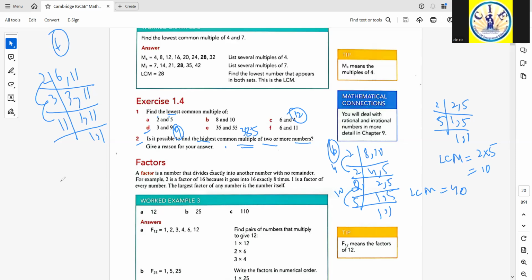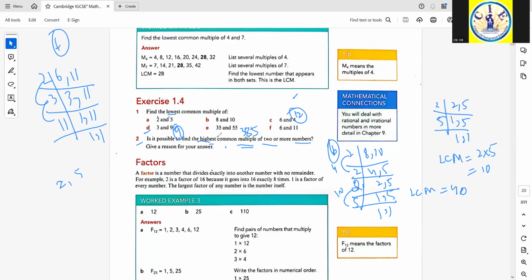So 2 and 5. Common multiples are, in this case, 10 and its multiples, and in part C, for example, the common multiple of 6 and 4 was 12.